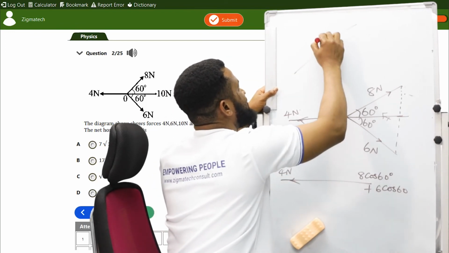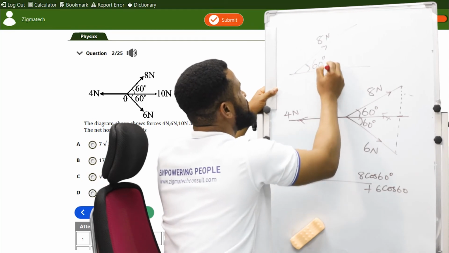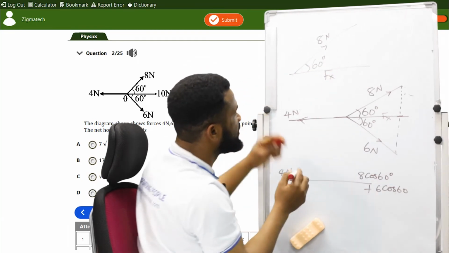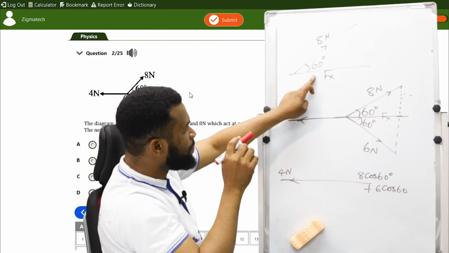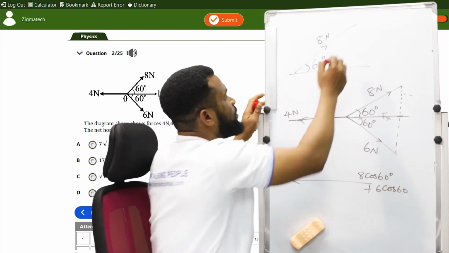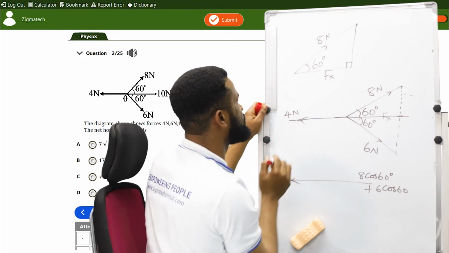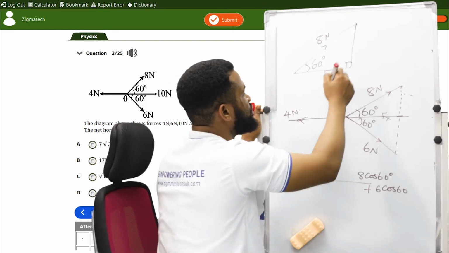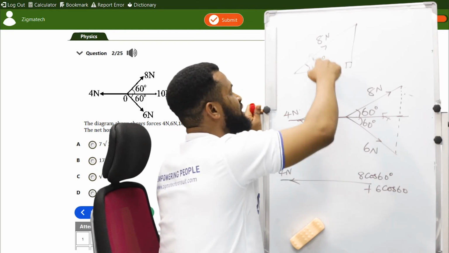At this point, this is 8 Newton and this is 6 Newton. I'm looking for Fx. What is this Fx? Fx is the horizontal component of 8 Newton. If I complete this triangle, doing a projection of a vector on the horizontal axis, I'm going to have the adjacent, which is the horizontal component, and the hypotenuse.